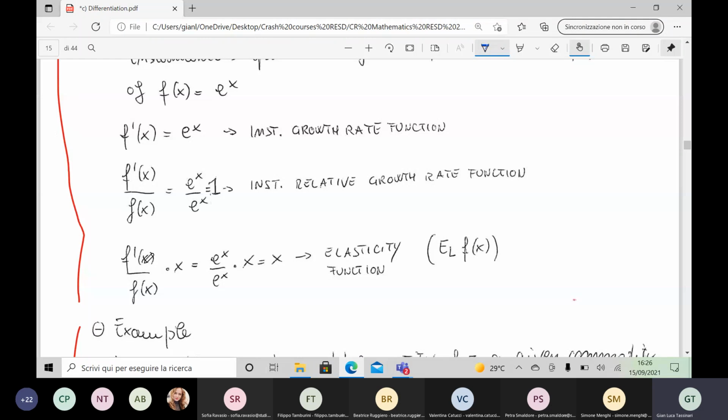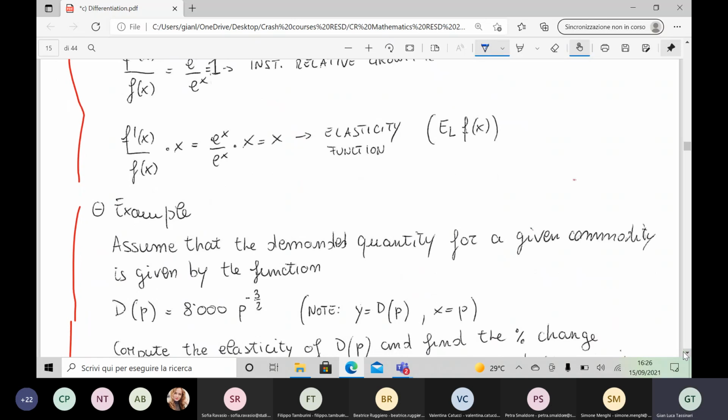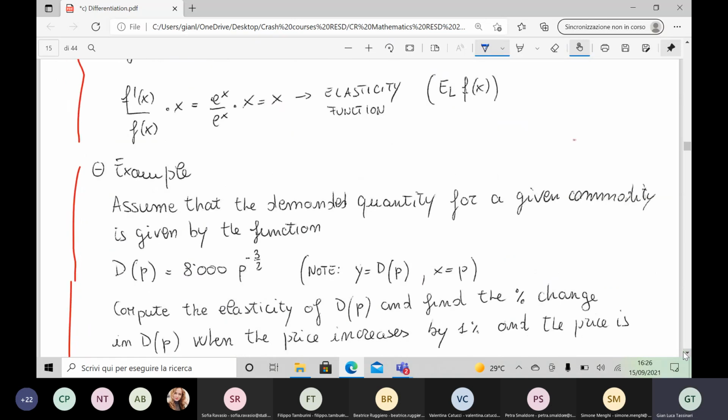So f prime over f of x has already been computed, which is 1, times x. So you have simply 1 times x, so the elasticity function is x. I call the elasticity function in this way. I don't know how the book calls it, EL f of x, to mean the elasticity function of f of x.